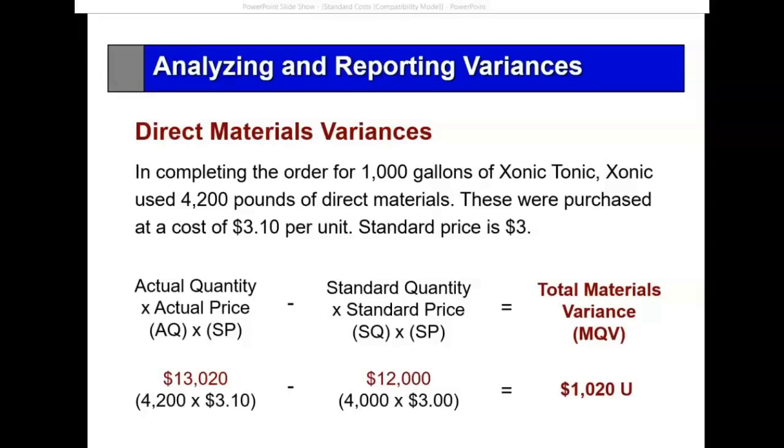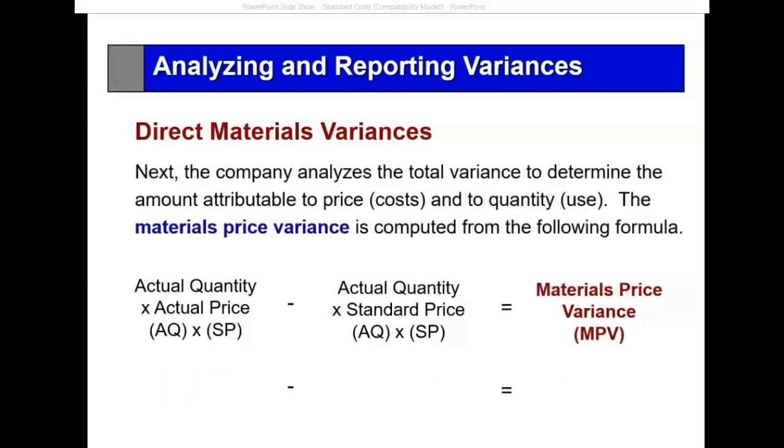So let's look at the quantity variance, the amount I used. I use the formula: the actual quantity times the standard price, minus the standard quantity times the standard price. So this time I'm freezing the standard price and looking at the difference in quantity. So 12,600 is the actual quantity times the standard price, and the standard quantity times the standard price is 12,000. I have 600 unfavorable.